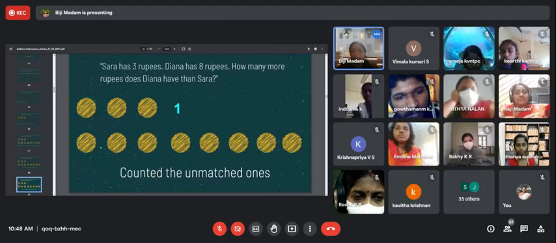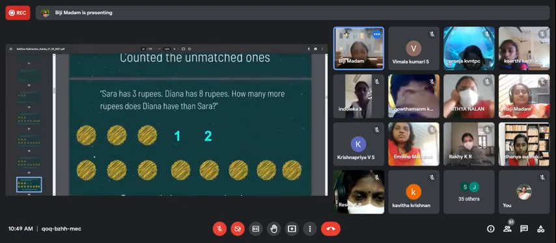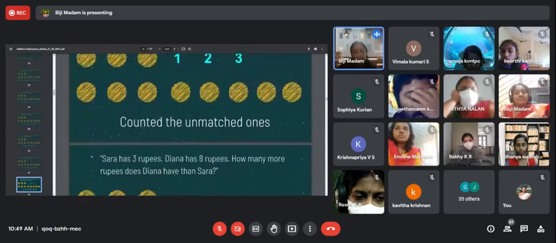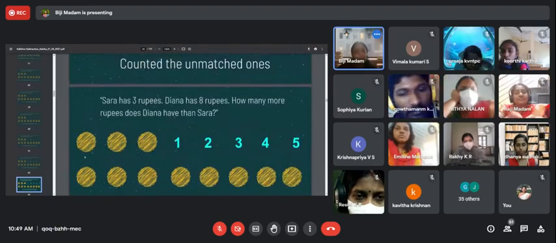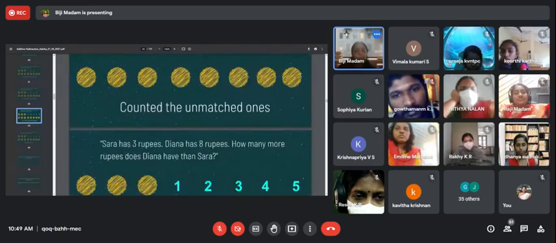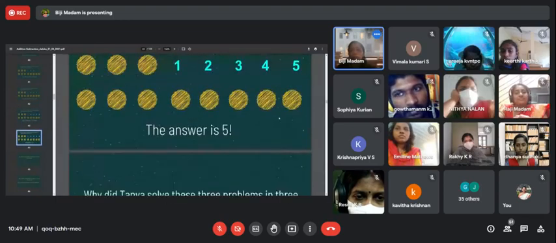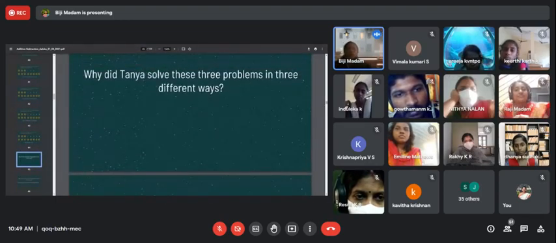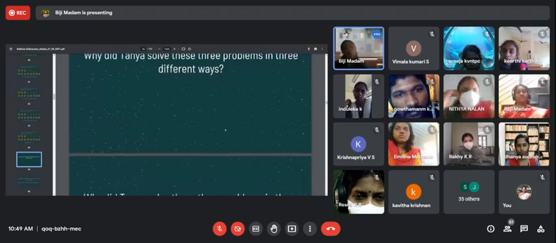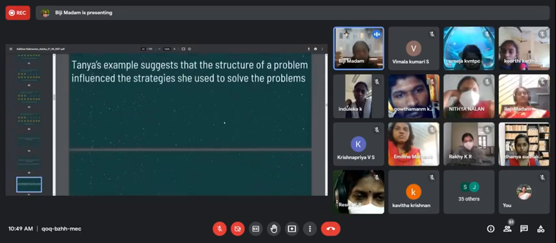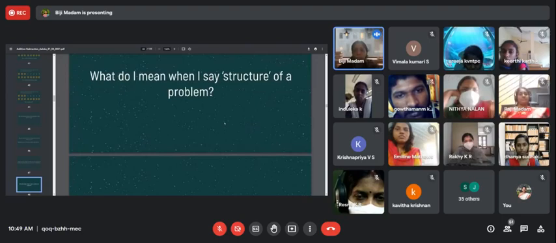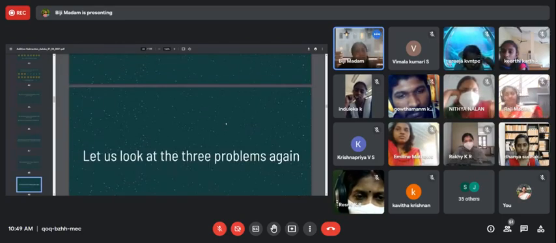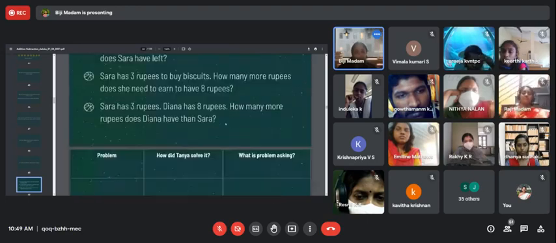She compares here, and she gets the answer as 5. Now, the 3 problems were solved in 3 different ways by the child. Even though we had a single solution, the child solved it in 3 different ways.